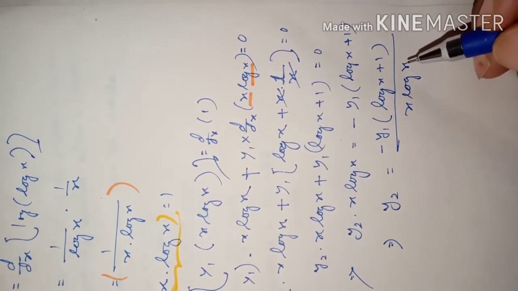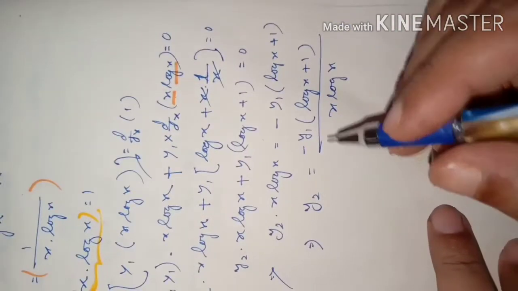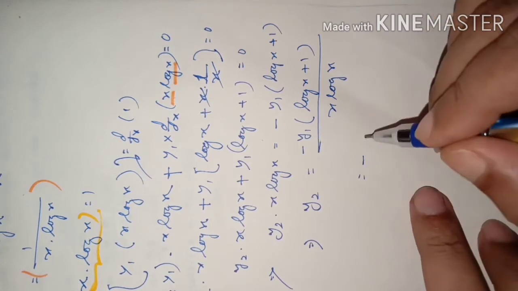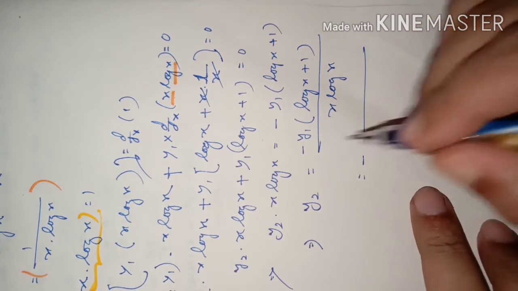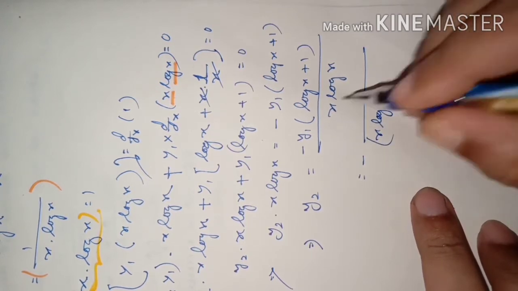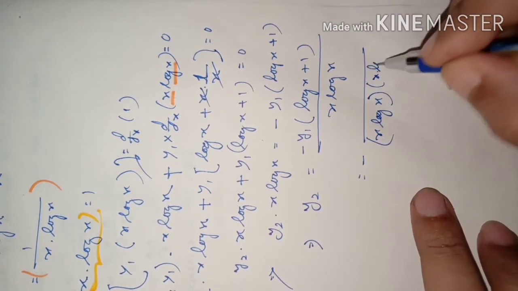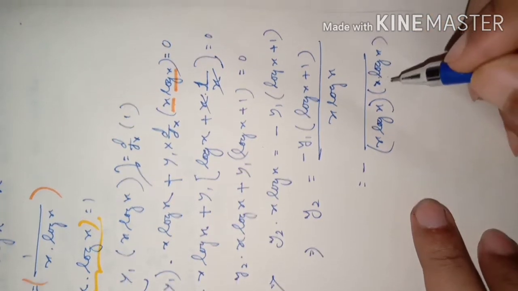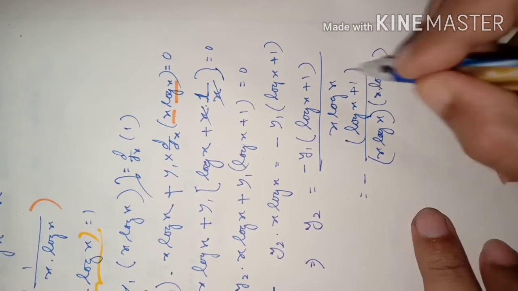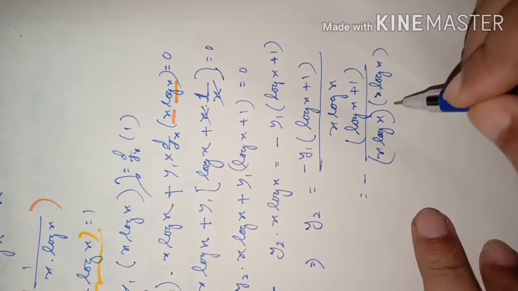But as you know, y1 is 1 by x log x. So if we substitute for y1, it is minus 1 by x log x here, and one more time x log x into this x log x, and here will be log x plus 1, 1 by x log x into x log x.